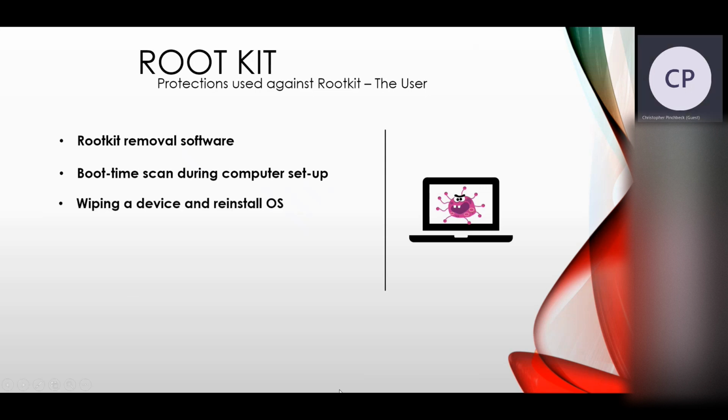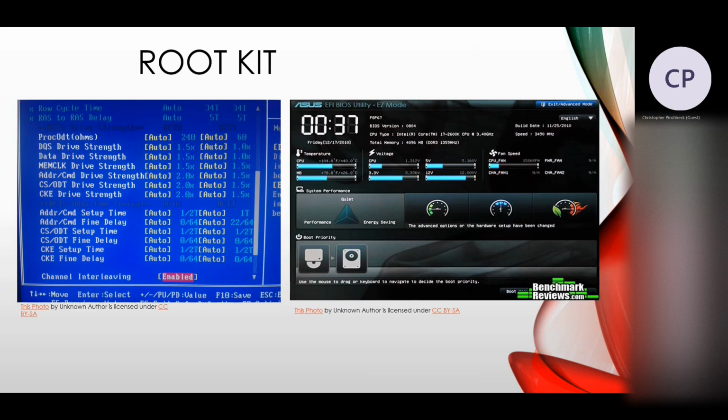As a last resort, you could wipe the device and then reinstall the operating system. And as we talked about before, the best method is prevention, and making sure that your system is up to date, with the latest updates on Windows or whichever operating system you have.